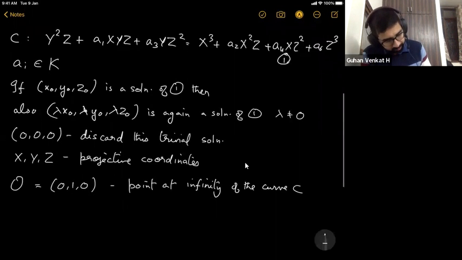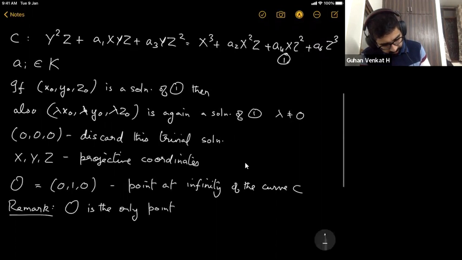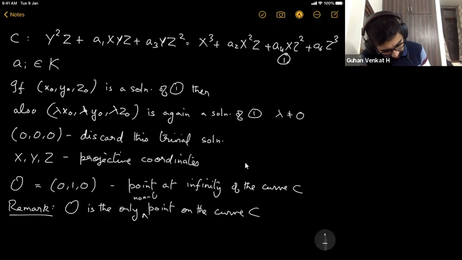A quick remark is that the point O is the only non-trivial point on the curve C for which the z coordinate is 0.